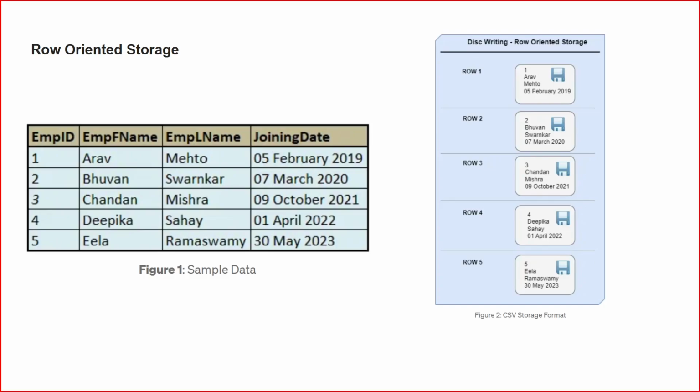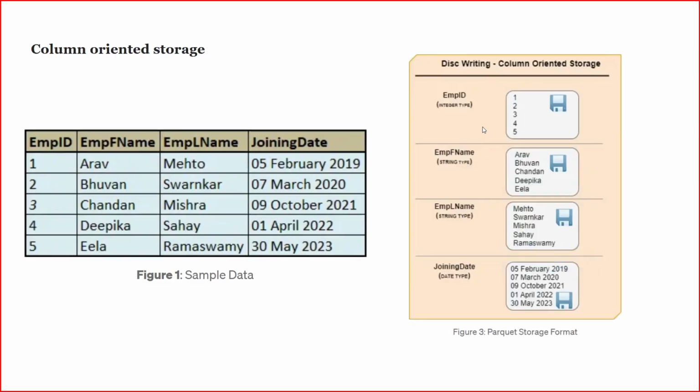So we move to the column-oriented file format, because it stores things differently, as a single column is stored together on the disk space. Here we can see that employee ID, first name, last name, and joining date are stored separately on the disk. This is how column-oriented storage looks.